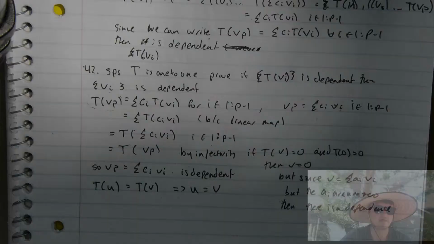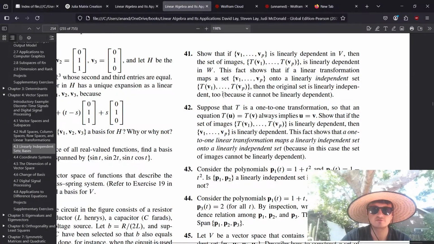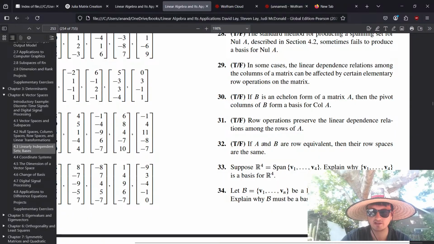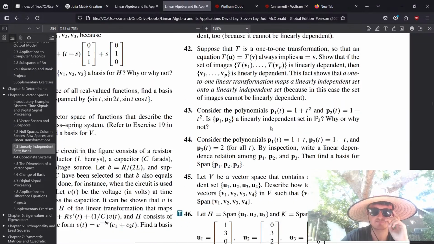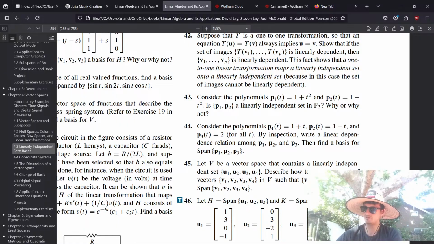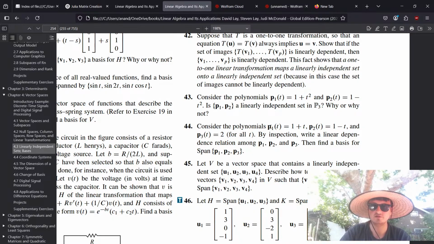Let's see. That one, so 42 and 41 and 42, and there were a couple other good ones in here. Okay, we have 3 problems left. Consider 1 plus t squared and 1 minus t squared. Is p1, p2 a linearly independent set?